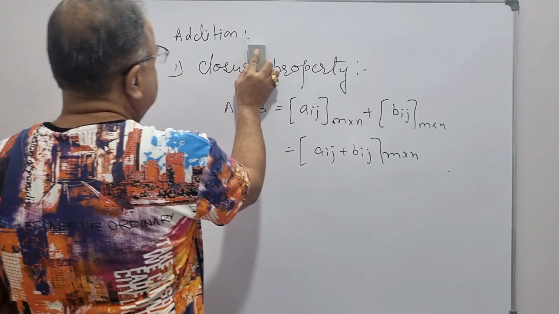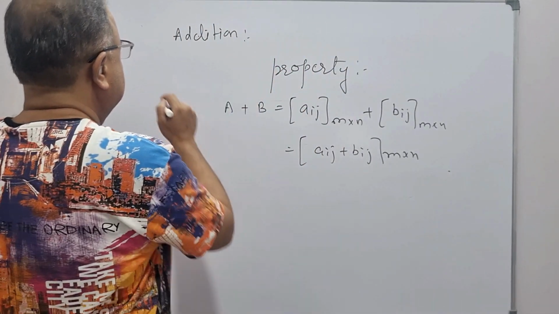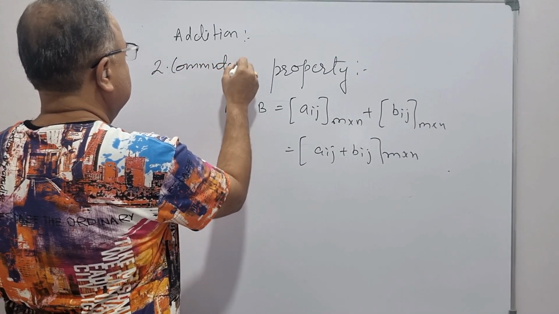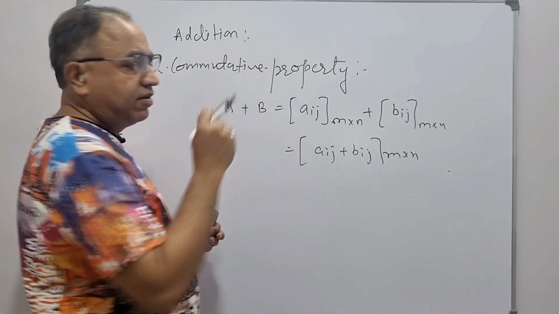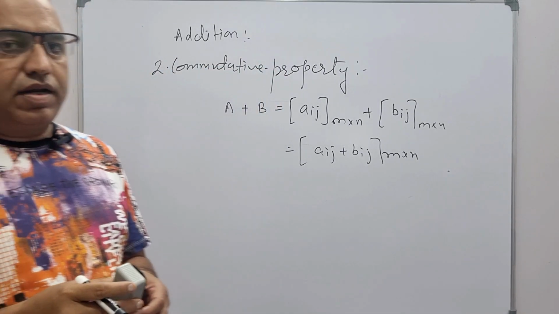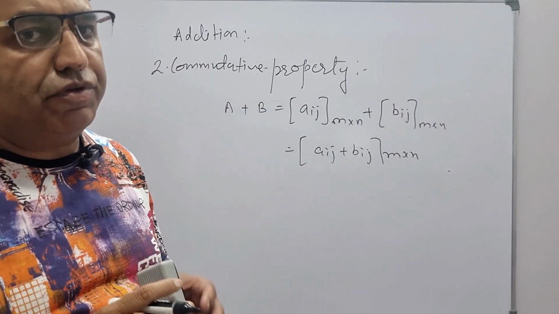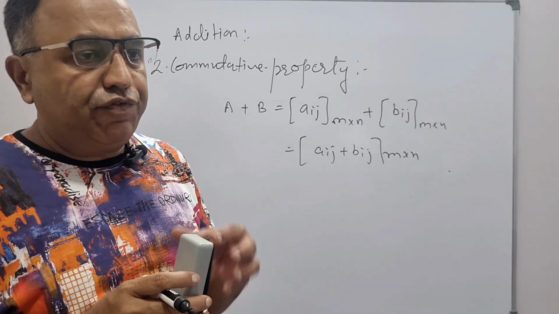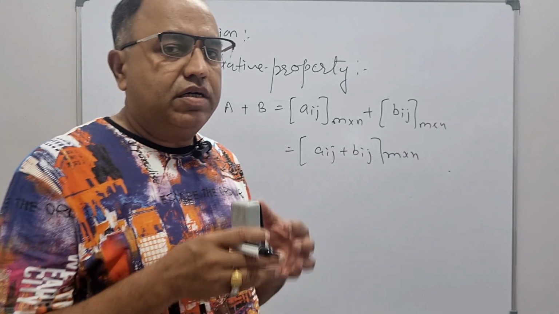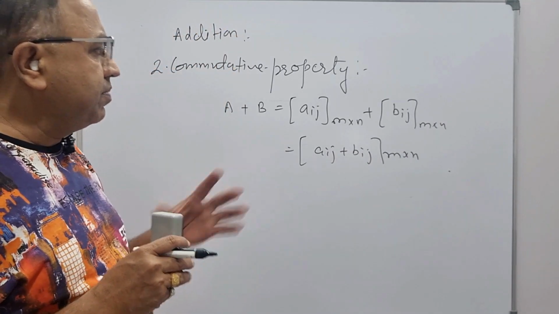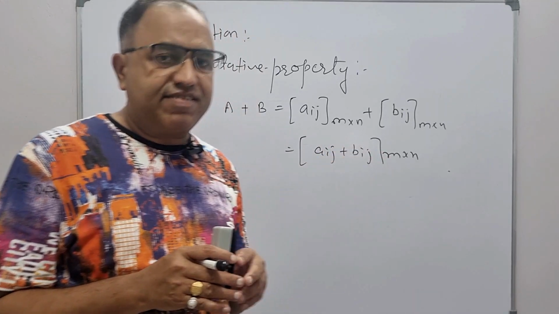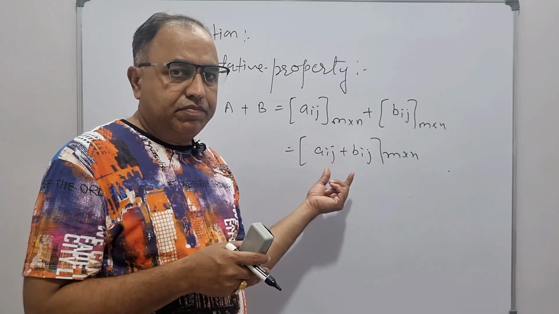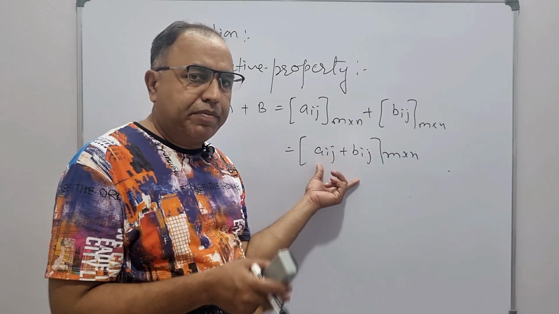Now the next property is the commutative property. This also you know very well. Addition satisfies the commutative property in the case of real numbers. What does it mean? If you add any two real numbers, order doesn't matter. Similarly here also, if we add any two matrices, as the entries of the matrices are either real numbers or complex numbers, both satisfy the commutative property under addition.